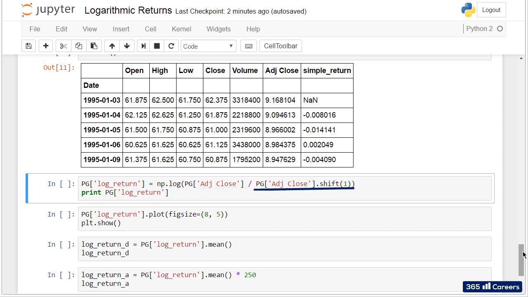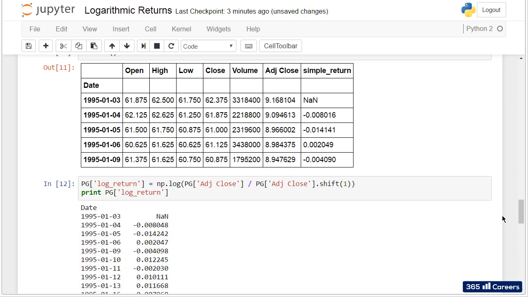Again, we must specify the adjusted close data in brackets. And, just as we did before, we will use the shift function to lag the stock price observations in the denominator. The argument of the shift function is 1, as we need to lag the time series by a single observation.